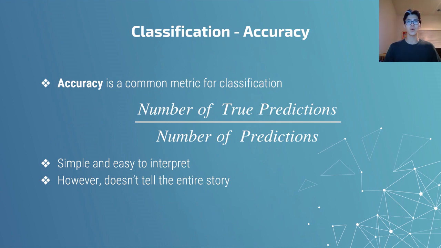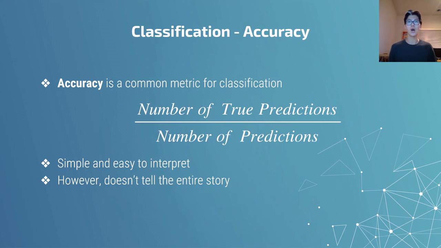So those were some regression metrics. If we move to classification, we've got an entirely new array of metrics to use, the simplest of which is simple accuracy. Accuracy is often a term that's just thrown out here and there, but it actually has a very specific reference in the machine learning space.